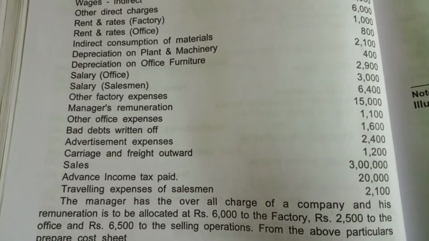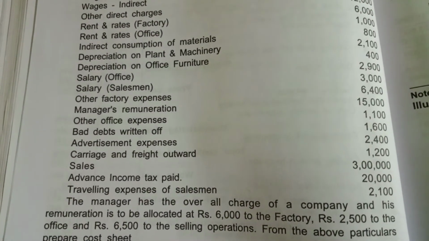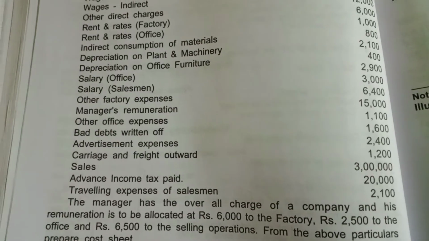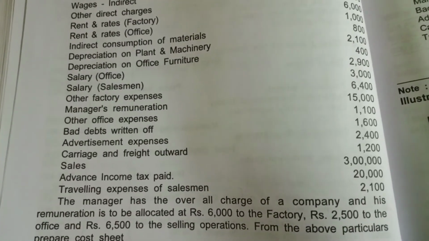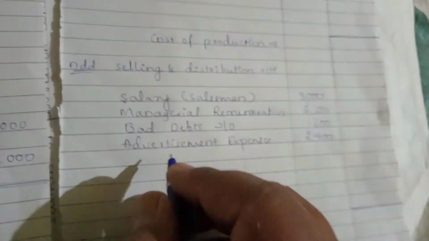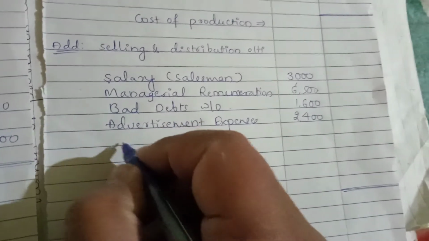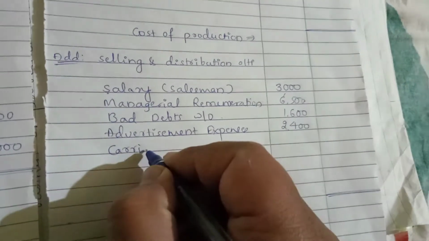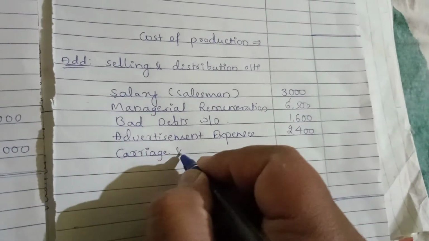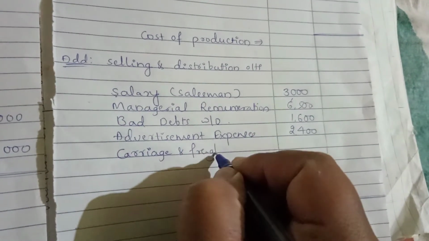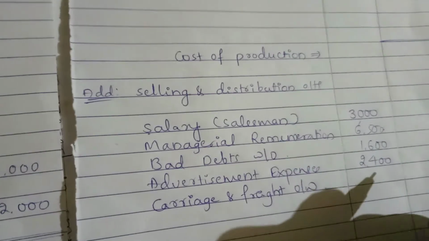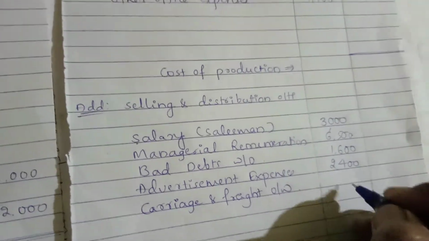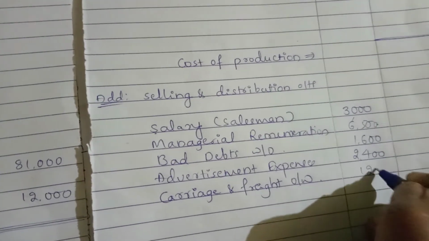It means the transportation expenses made so as to sell the products. That is why I will show it under the selling and distribution overhead, carriage and freight outward, amounted to rupees 1,200.